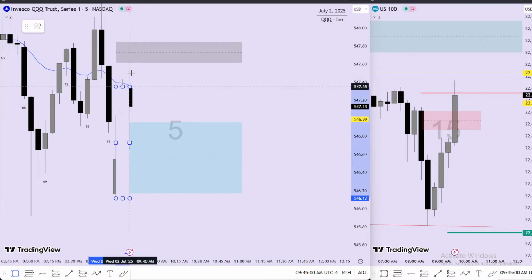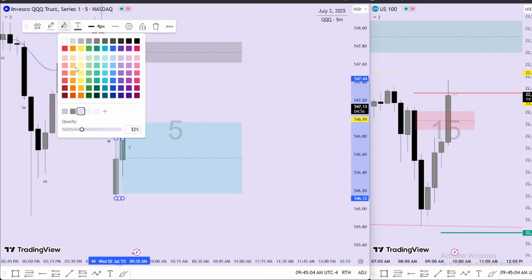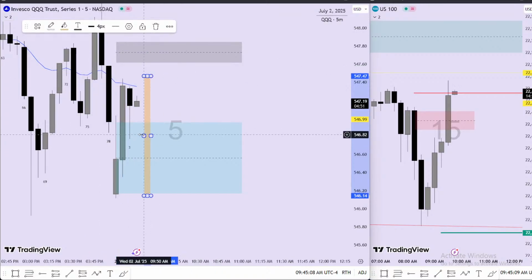First 15 minutes closed. Still, it's below the moving average, which makes it not favorable for the bulls.